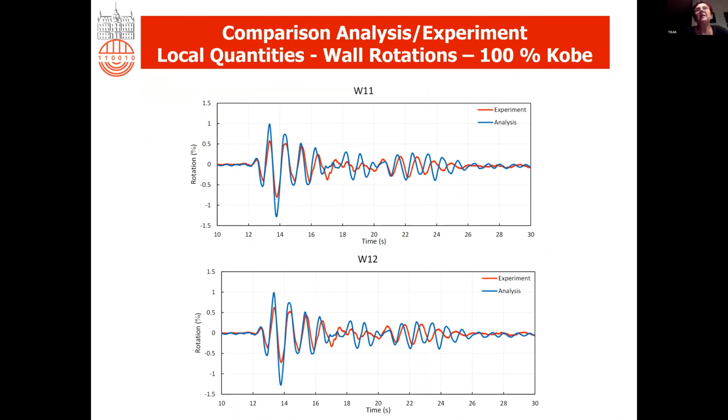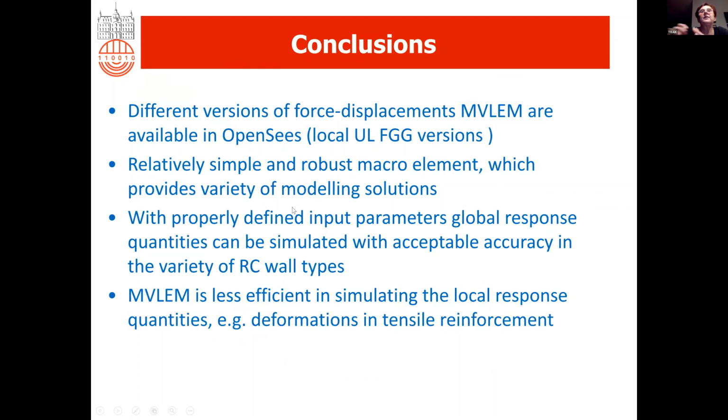Even some local quantities, such as rotation at the top of some stories, were matched reasonably well, but the values of the rotation were a bit larger due to the problems that I explained earlier.